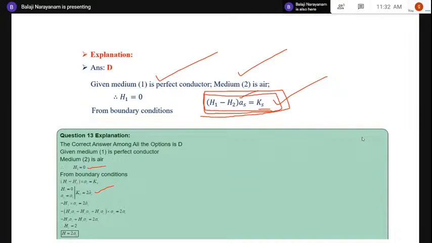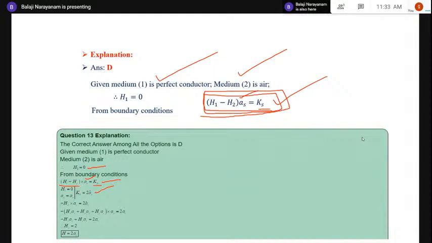So the normal vector is taken as Ay bar, H1 minus H2 cross An. Here An is a vector normal to H1 minus H2. Then only we can do the cross product, meaning they are perpendicular.